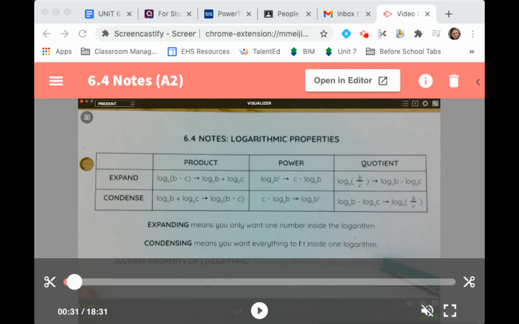And if I plugged that back in, I would have negative 3 and negative 3 minus 3. 4 to the negative third power equals 2 to the negative sixth power because 4 is 2 squared. So you would have to double this one to make it match this one.